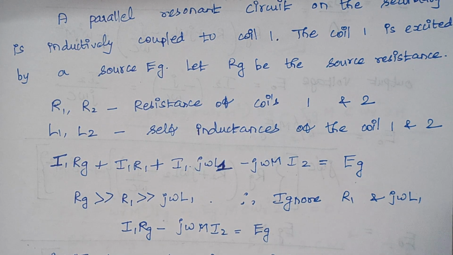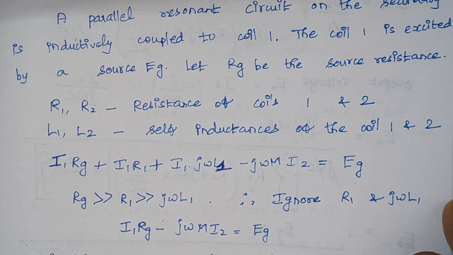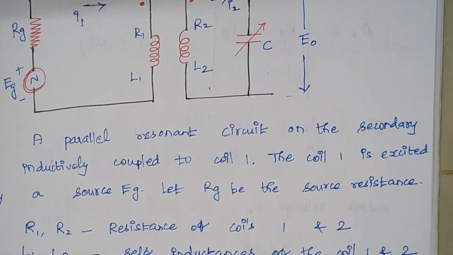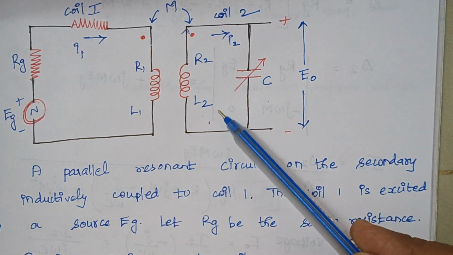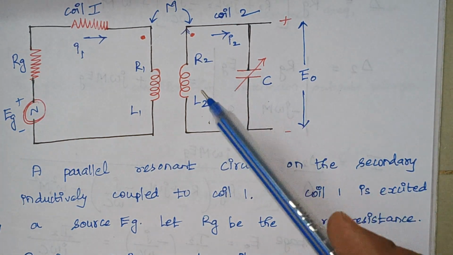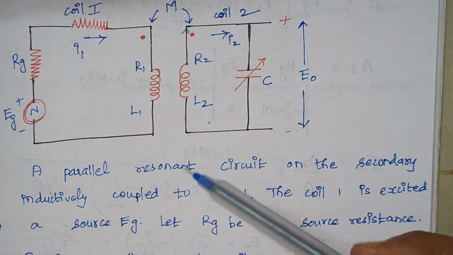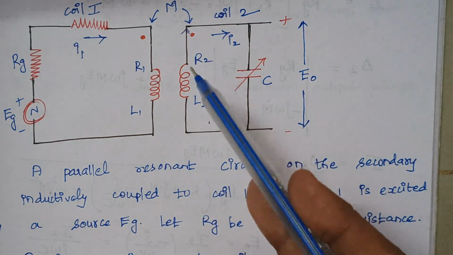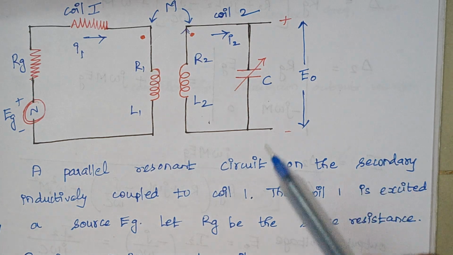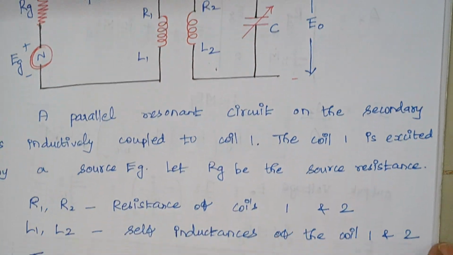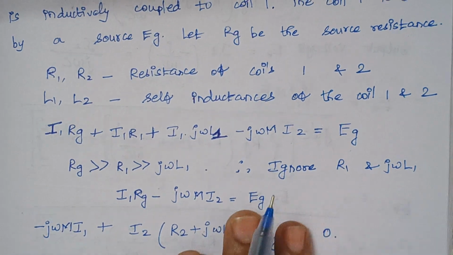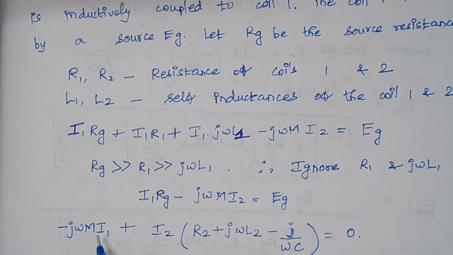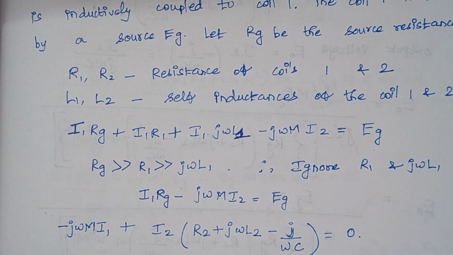Right. Now we are going to write KVL for coil 2. What are the elements here? There is R2, there is L2 and there is C, and apart from that there is a voltage drop due to mutual inductance. In the same way, the expression for mutual inductance is minus j omega M I1, because this mutual inductance is due to the current that flows in coil 1.